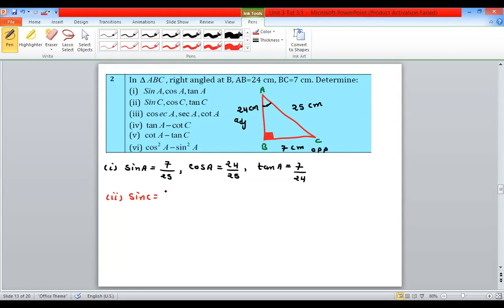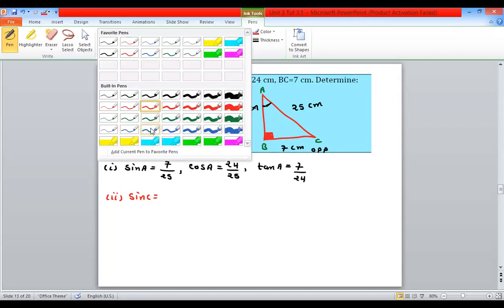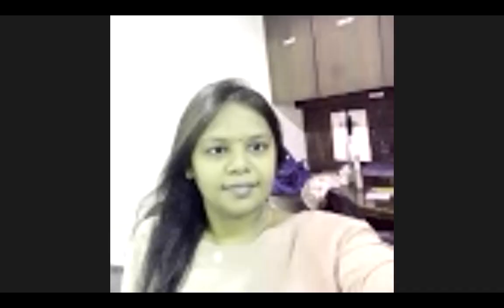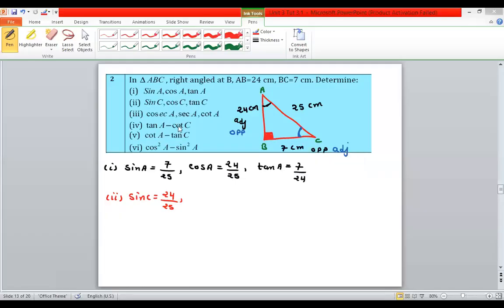So your cos C is just adjacent upon hypotenuse, which is 7/25.